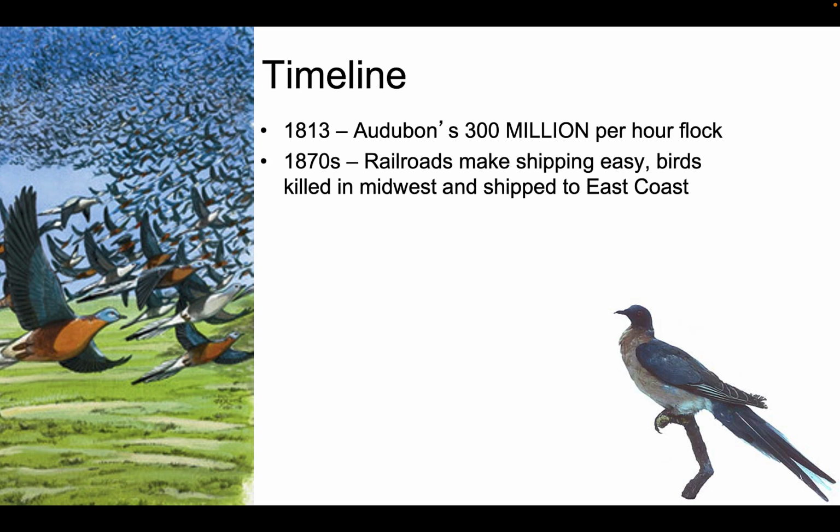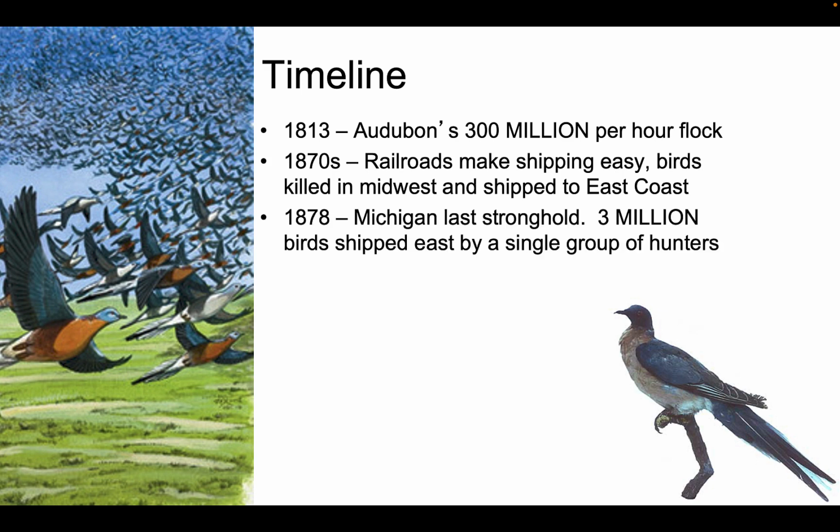And that allowed hunters to ship passenger pigeons back to the East Coast for food very rapidly. In 1878, the populations had declined enough that Michigan was considered the last real stronghold. In a single year, 3 million passenger pigeons were shipped eastward by a group of hunters. By 1899, they were extinct in Michigan and extinct in the wild.